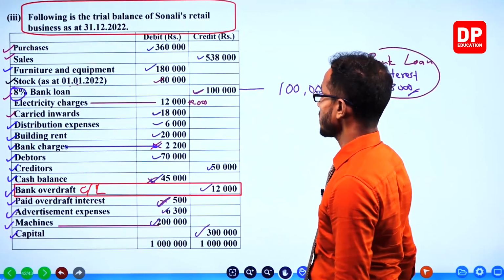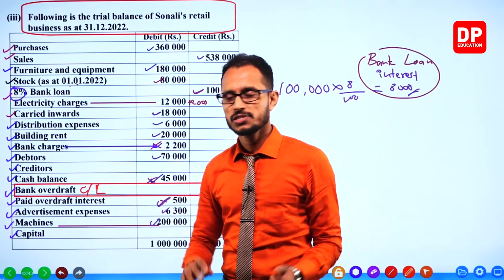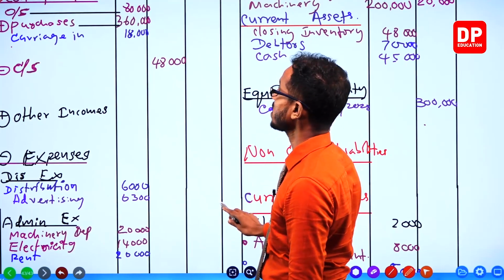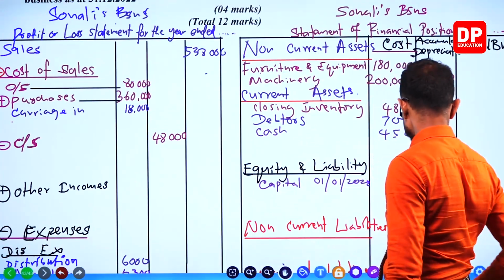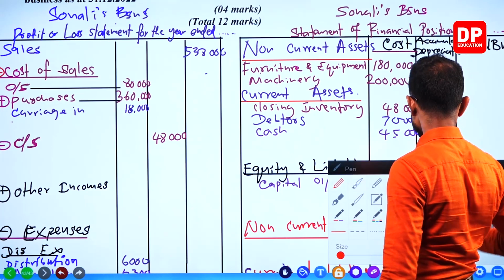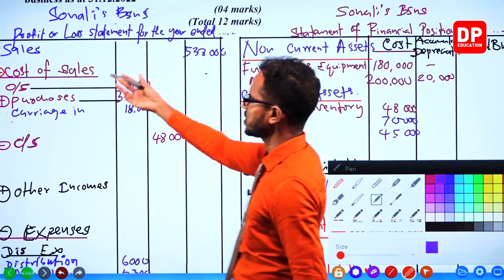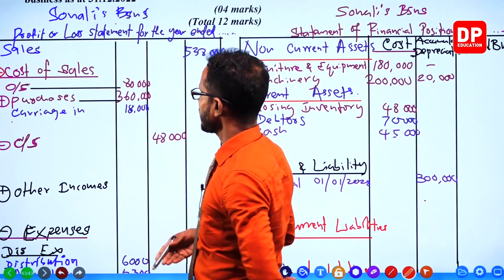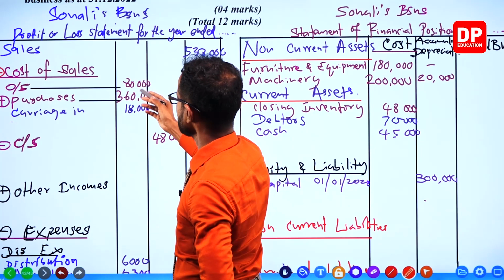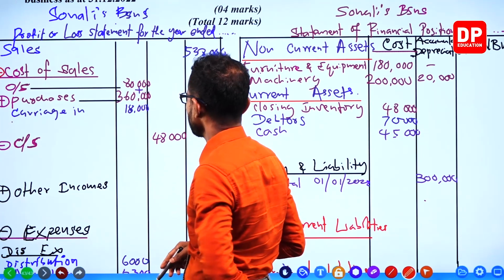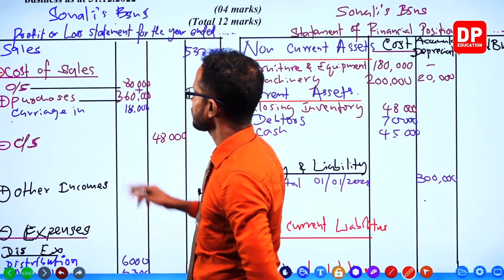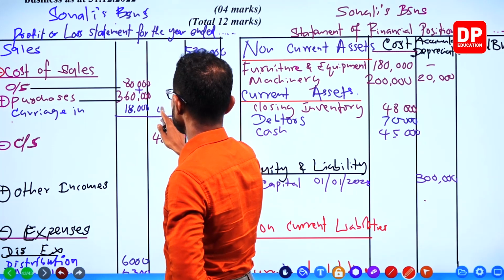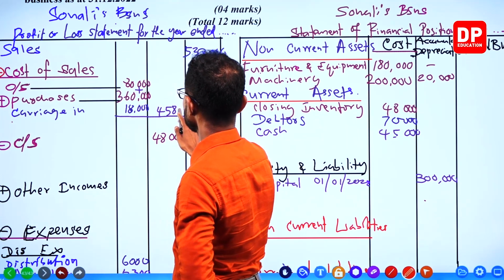Guys and girls, it's just a matter of doing your calculations now. Go to the statements. When you start calculations, first you calculate the gross profit, then you calculate the net profit in the income statement. How to calculate gross profit? Sales minus cost of sales. Take the cost of sales first. 80,000 plus 360, that becomes 440,000. 440 plus 18, 458,000.